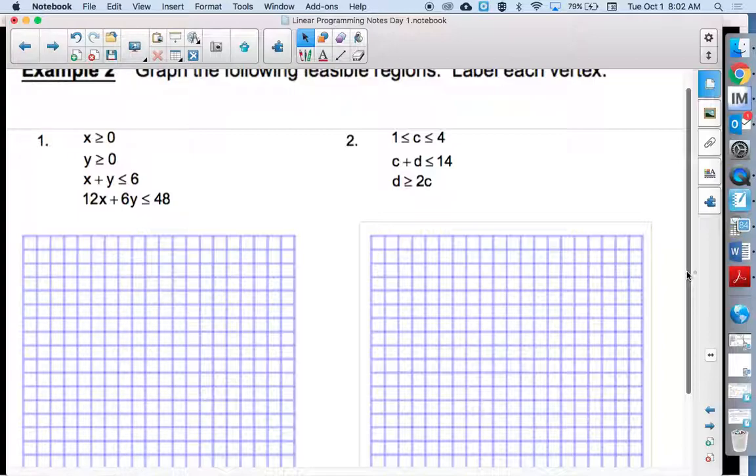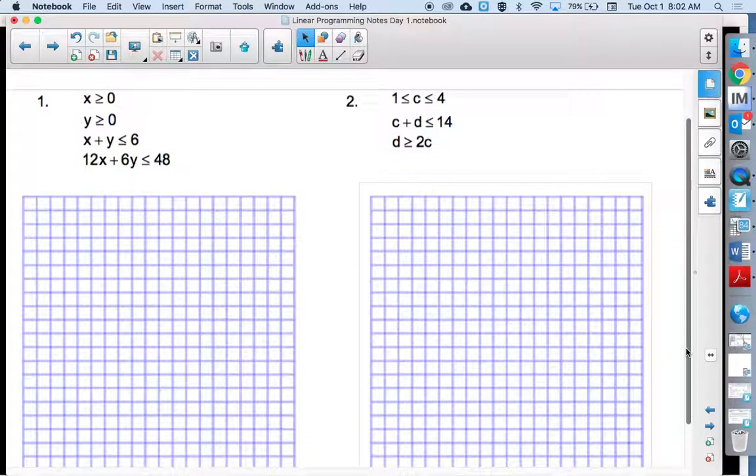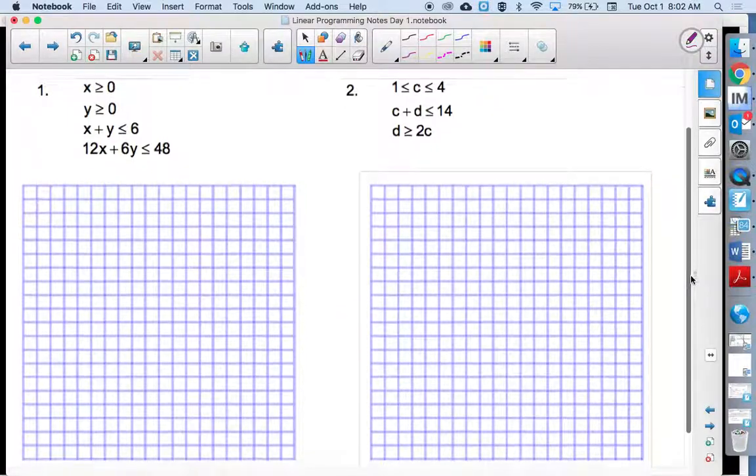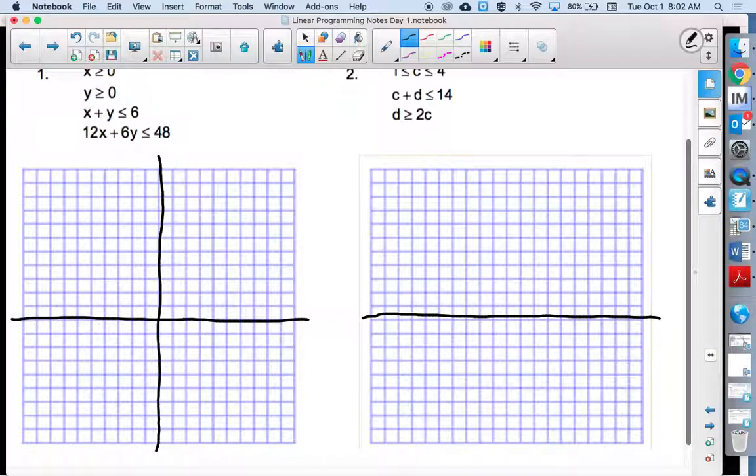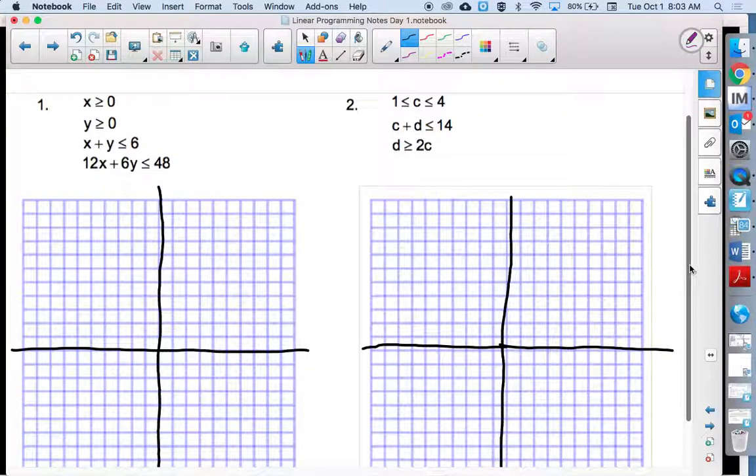So the first thing, this graph, you just have a big graph. So you can draw an XY axis in the middle of it. So now I have an XY axis.